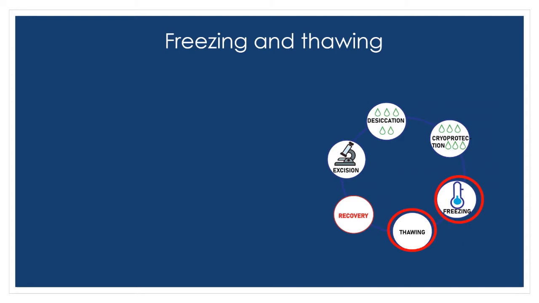So our next two steps in the cryopreservation protocol are freezing and thawing. As mentioned previously, freezing basically means that we are exposing propagules to the liquid nitrogen.